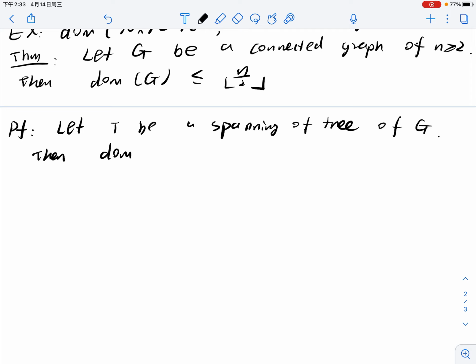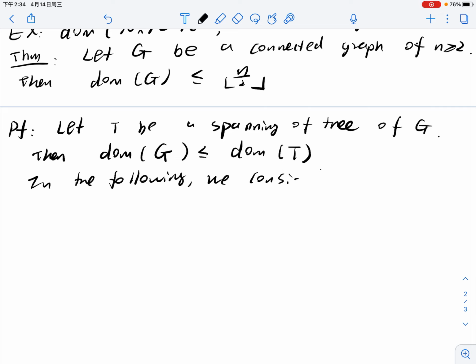Then it's easy to see that the dominating number of G is less than or equal to the dominating number of T. Next, we consider a tree T of order n and prove by induction.